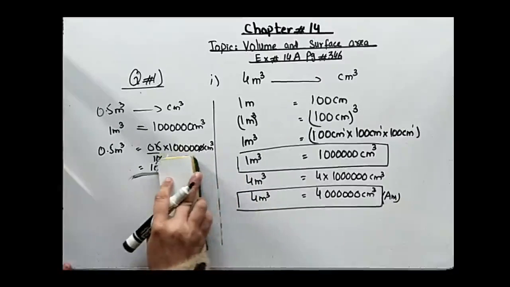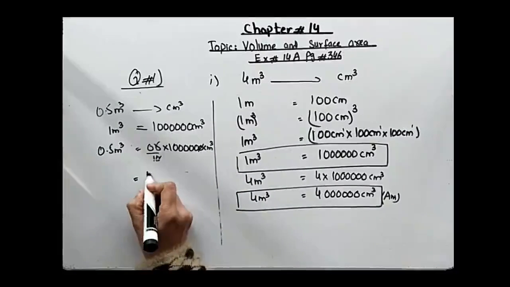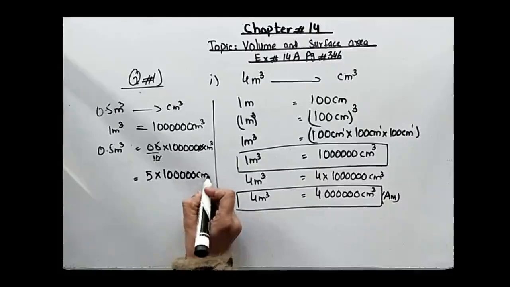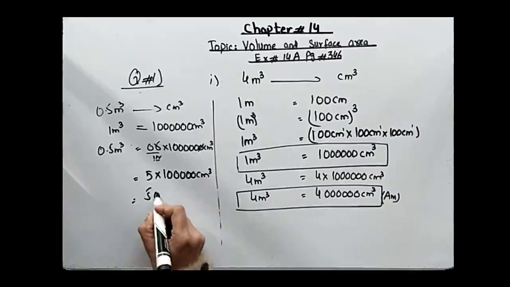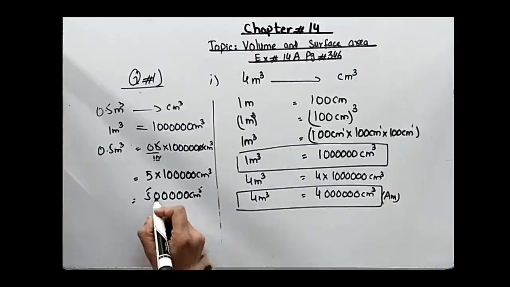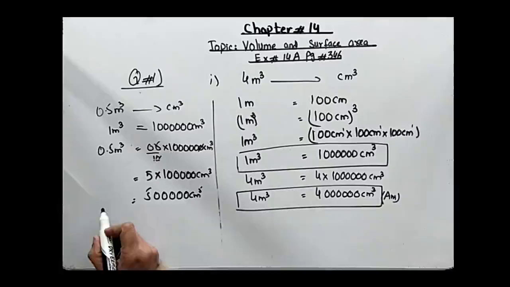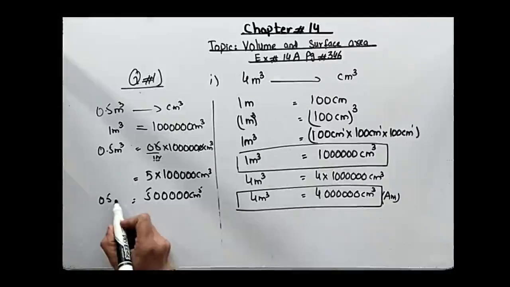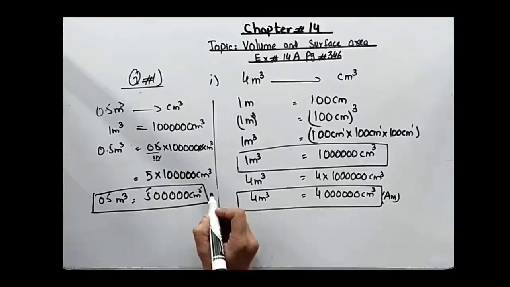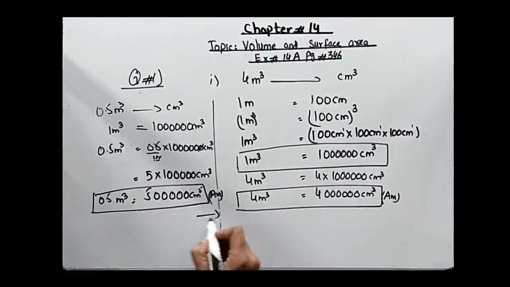Then we will multiply 5 with 2 zeros... it will become 5 lakh centimeter cube. 0.5 meter cube is equal to 5 lakh centimeter cube. This is your final answer. Got it, beta? Okay, now do the practice of this part in your notebook.